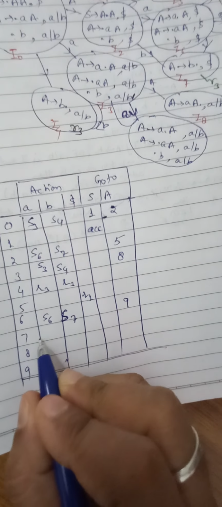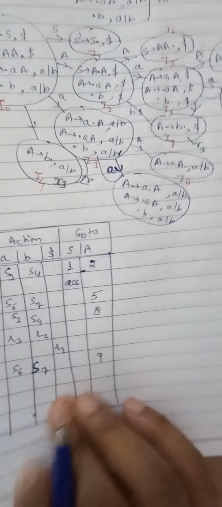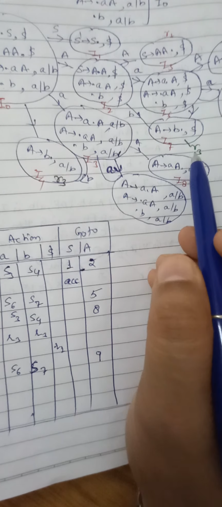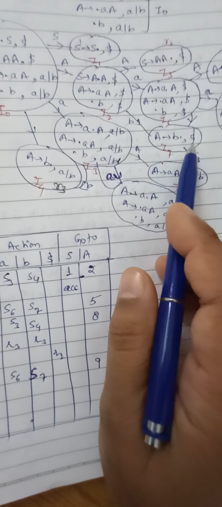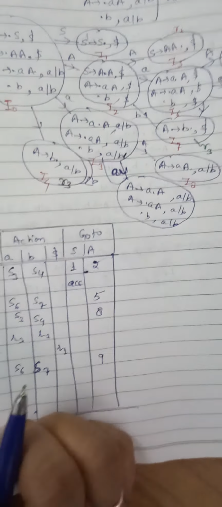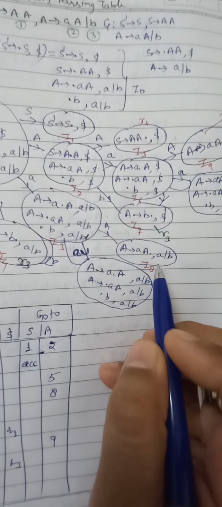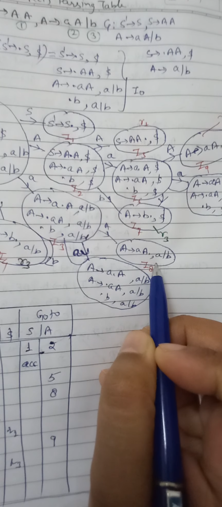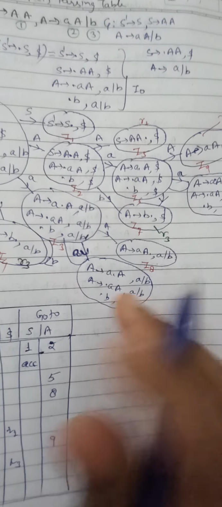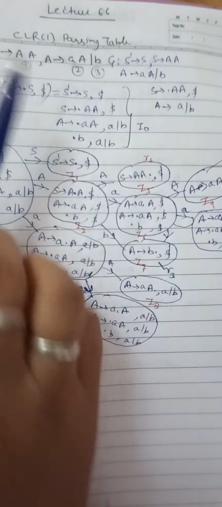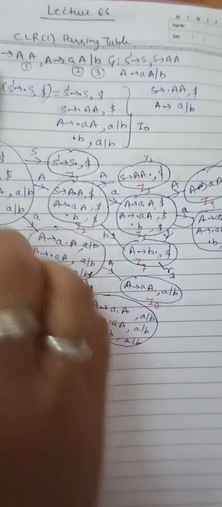And for the seventh state, where it is going, R3 reduction is going on, related to dollar. So we will write R3 at the dollar place. And for I8, the eighth state, R2, because it is giving us the second reduction.